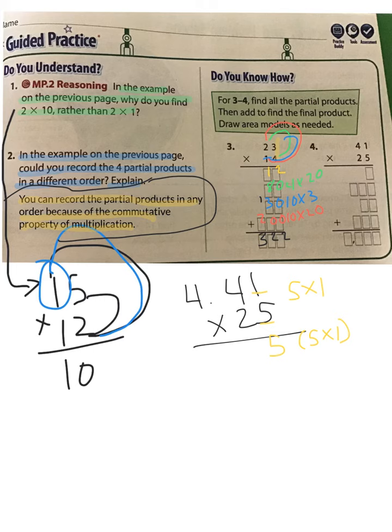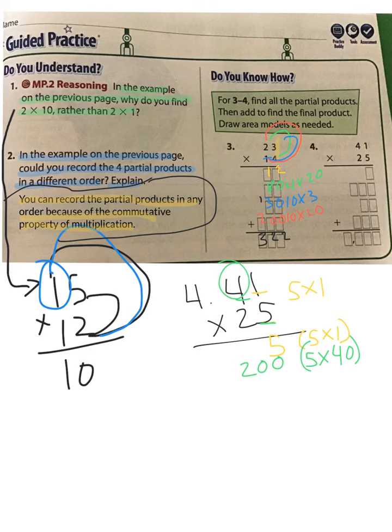Next, we're going to multiply our 5 times our tens place on the top. So we have 5 times this 4 is actually worth 40. And 5 times 4 is 20 plus a 0, so you would get 200.